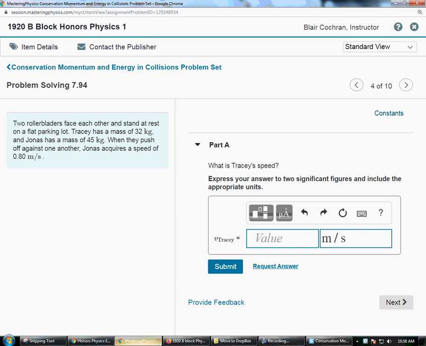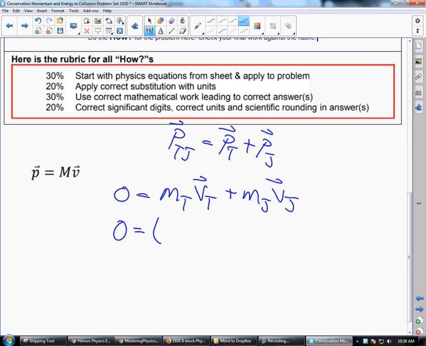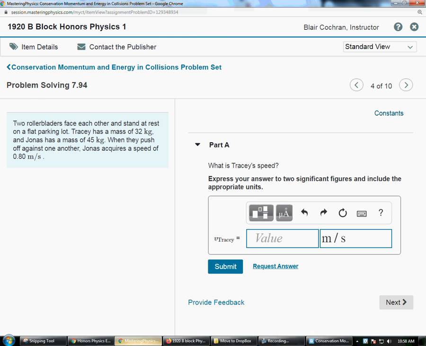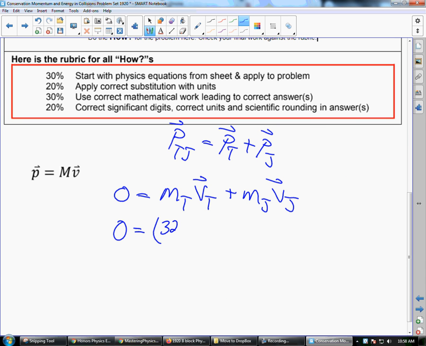So, 32 for Tracy, 45, and 0.8 for Jonas. Okay. So, 0 equals Tracy. 32 kilograms. 45 kilograms.